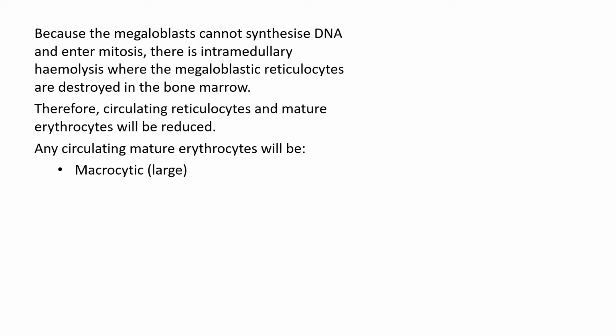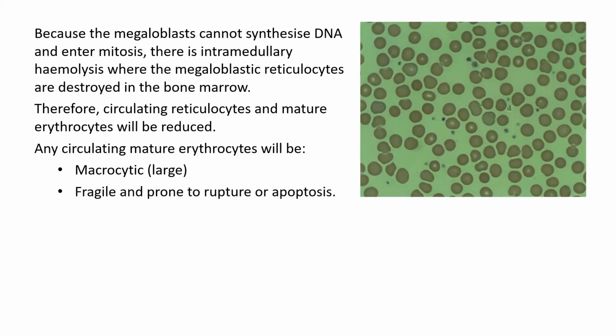So they're, rather than microcytic, as in iron deficiency, in this case they are macrocytic. Those also tend to be very fragile and very prone to either rupturing, so hemolysis, or going into apoptosis. You remember the programmed cell death.